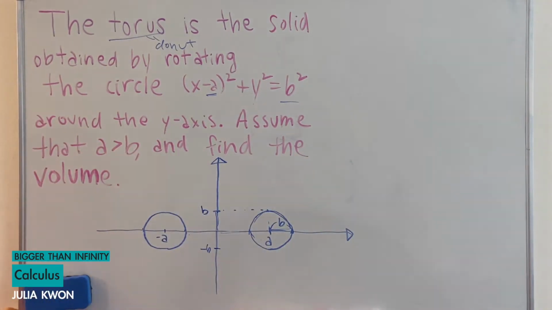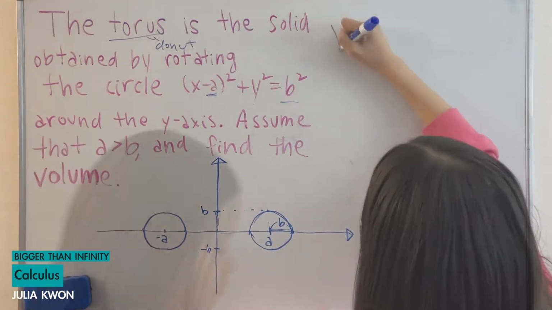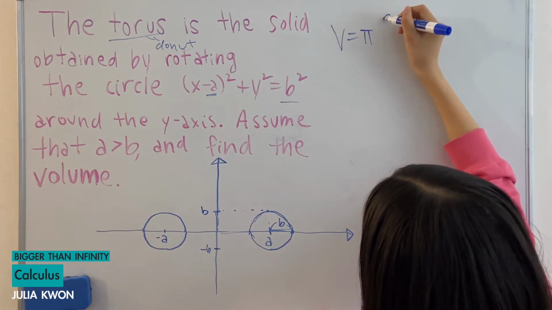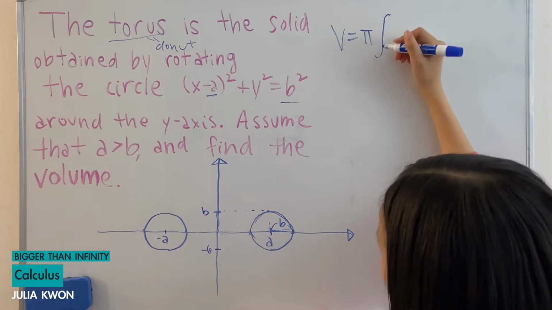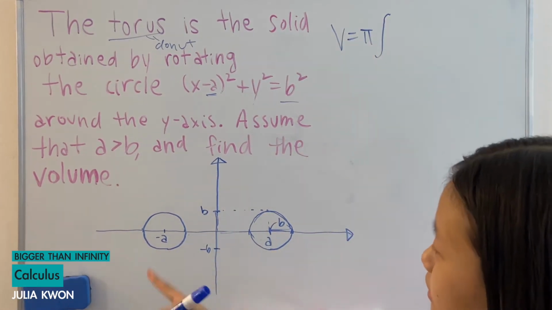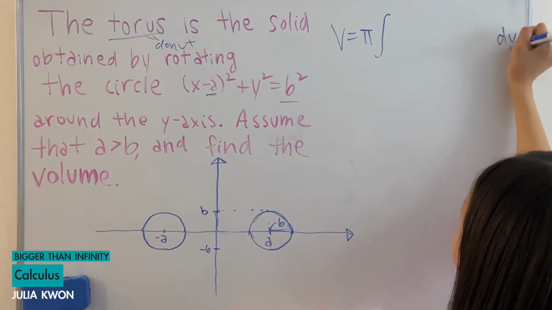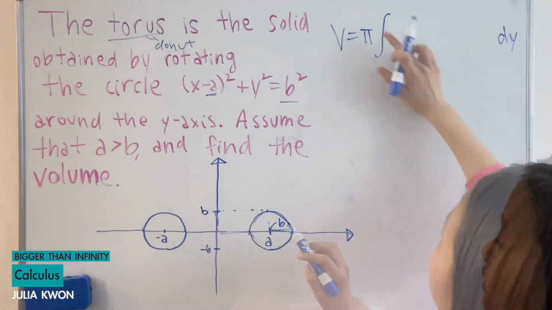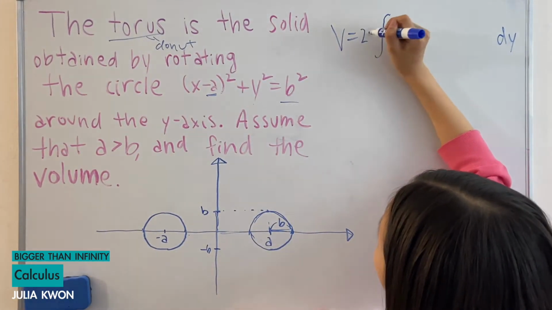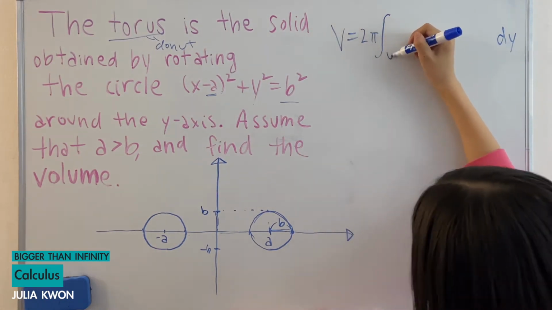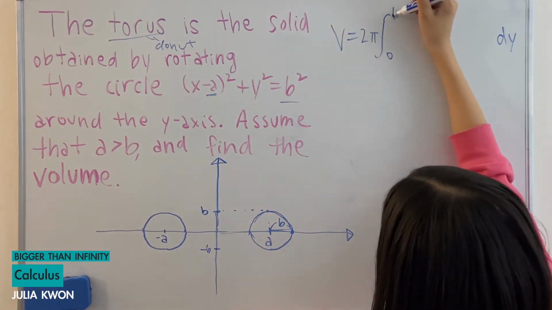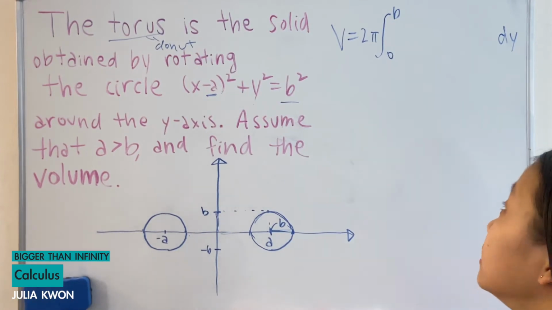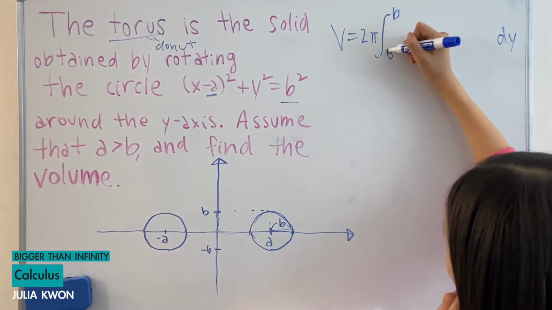And to find the volume, when we rotate the solid, then we would have pi times the integral, it's going to be dy in terms of y, so the interval would be from negative b to b, but I would prefer to multiply by 2 and then just put the interval as from 0 to b. You don't have to do it this way. You can just set the interval from negative b to b and not multiply by 2. But this is just what I prefer.